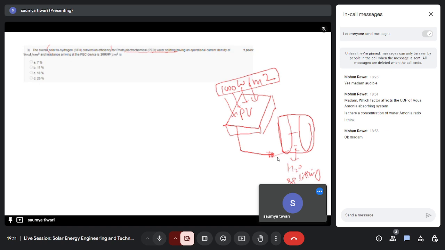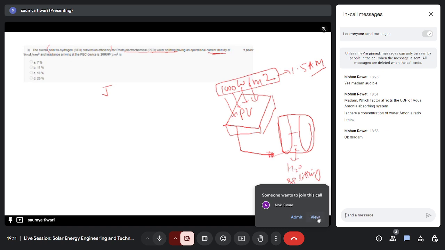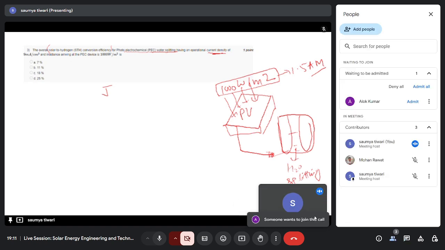This is the standard test condition that we take at 1.5 air mass index, if you remember. The current density generated from this photoelectrochemical system is given as 9 milliampere per centimeter square, and the irradiance falling on it is 1000 watt per meter square.